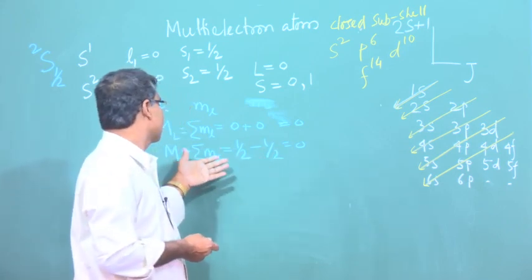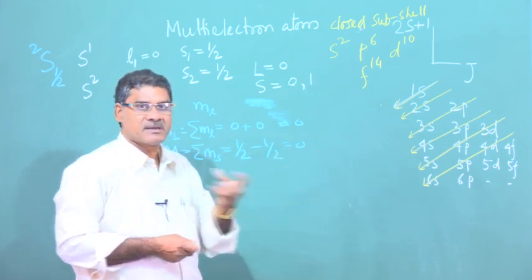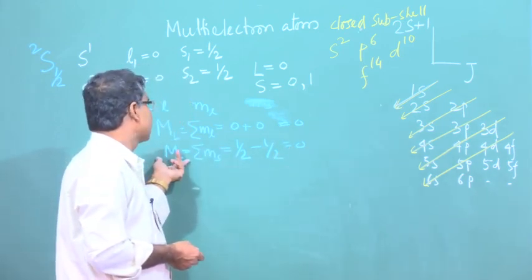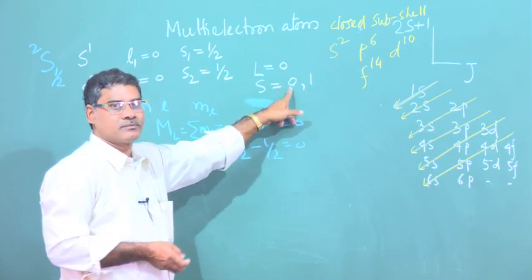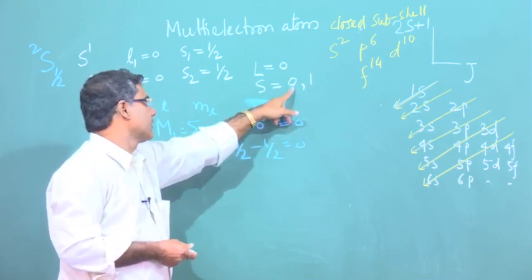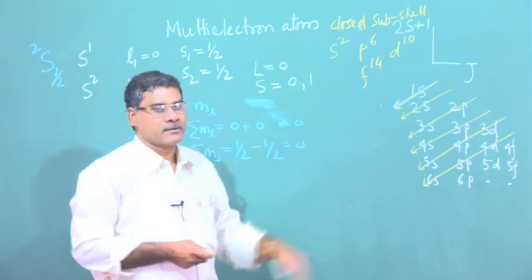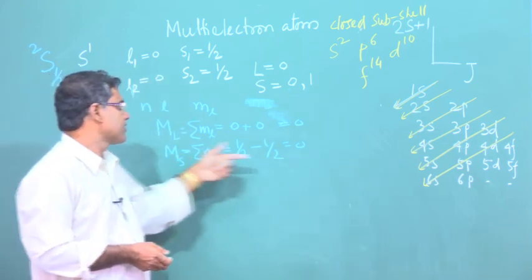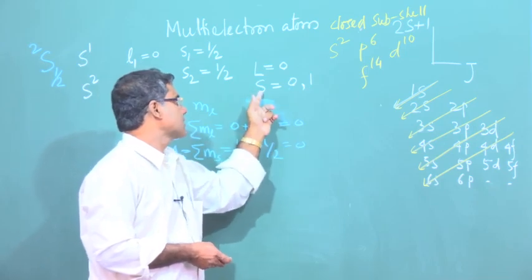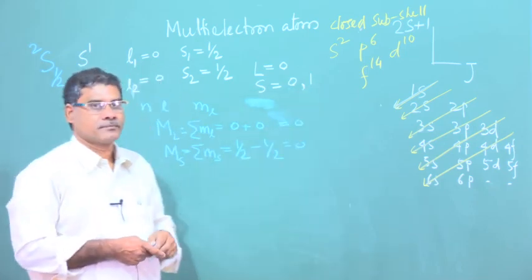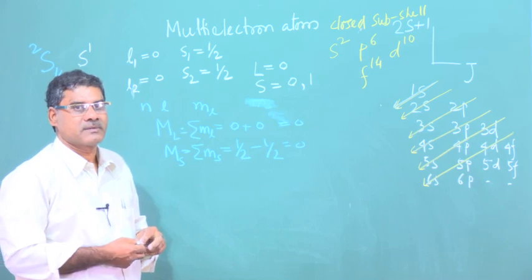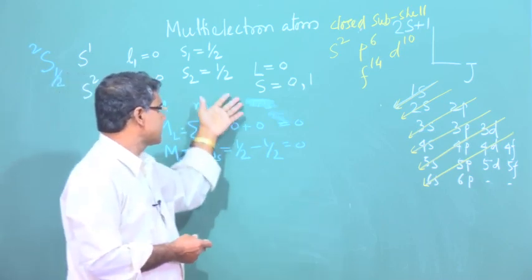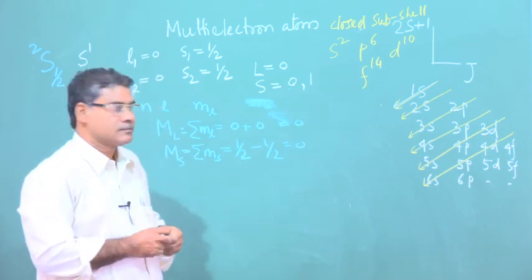So this total MS is 0, that means resultant S is 0. If S is 0, then only I will get resultant capital MS as 0. So S equal to 1, we cannot accept in this case.